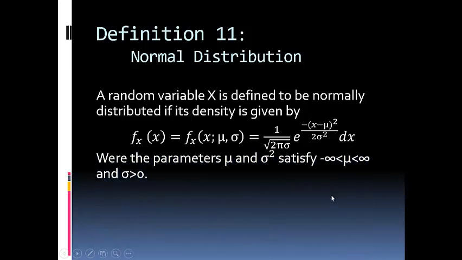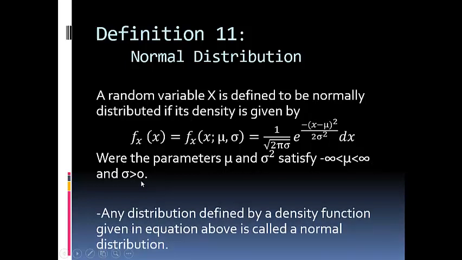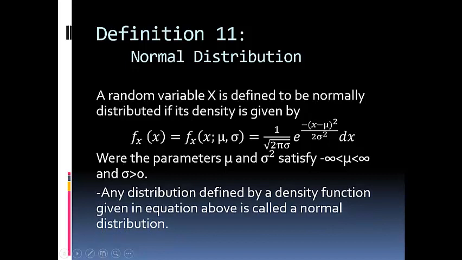The parameters mu and sigma squared satisfy mu greater than negative infinity but less than infinity, and sigma is greater than 0. Any distribution defined by a density function given by the equation above is called a normal distribution.